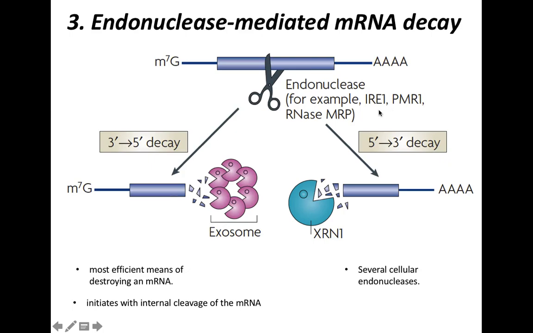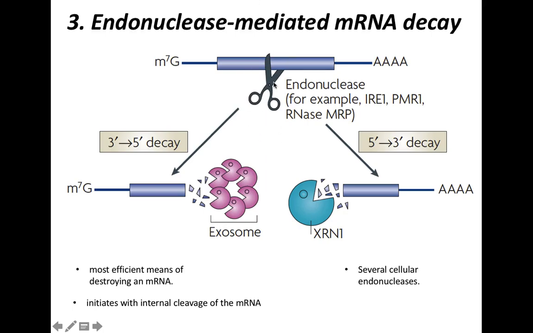If you talk about IRE1 and PMR1, they're not very frequently available for their activity, and in the same way RNase MRP, an endoribonuclease, is restricted to the nucleus as well as to the mitochondrion, so it is not going to do anything inside the cytoplasm. That's the restriction or regulation: they're not functional in another location, and they're not frequently found inside the cytoplasm. Otherwise they would kill lots of mRNA molecules, so they need to be tightly regulated.